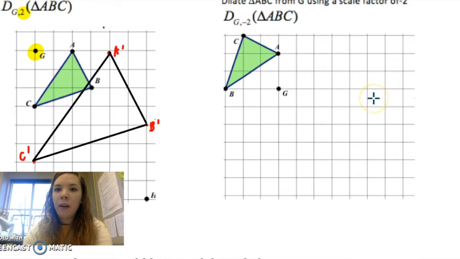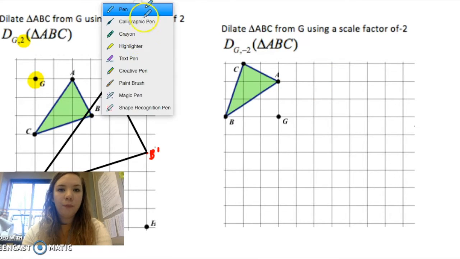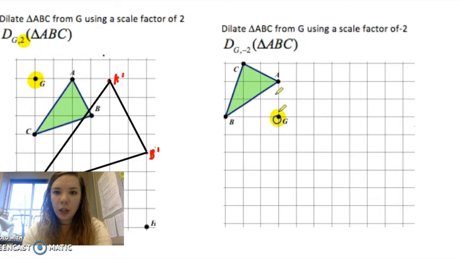All right, this time we're doing a scale factor of -2, which means I have to switch the direction I go. So here's my G, scale factor is -2. If I was going to go up 2, instead I have to go down 4. So there's A prime.